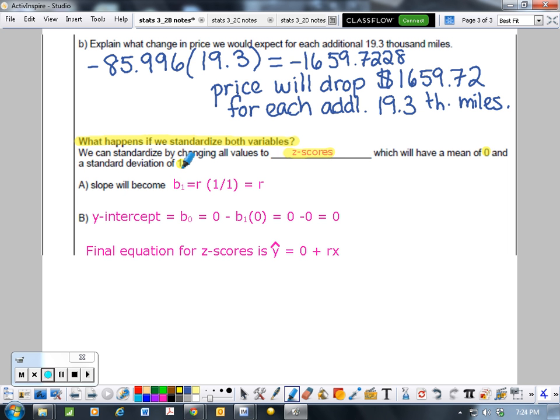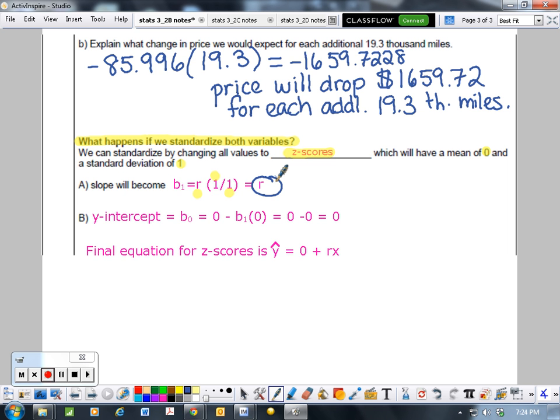So kind of bringing that back into your brain. What happens is that we get this correlation times the standard deviation divided by standard deviation. Well, if they're both z-scores, the standard deviation is 1, so this really just becomes r. And so now we're seeing that our slope will be r when we're dealing with z-scores.